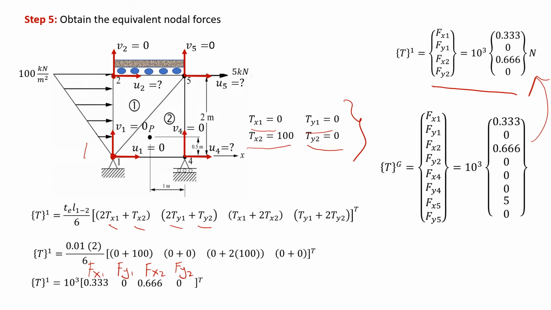In this case, there is only one node, which is node 5, that has been applied with a point load with value 5 kN. So we just need to add that value into this matrix in order to obtain the global forces acting on our system or our problem.